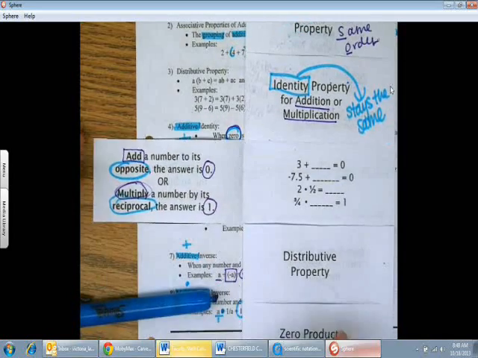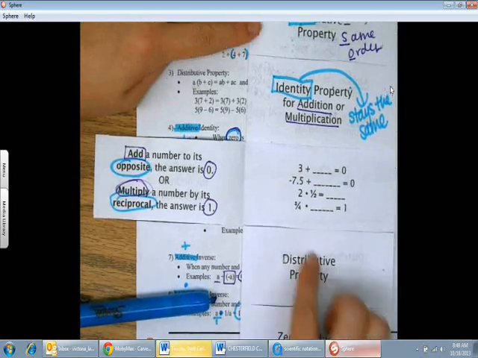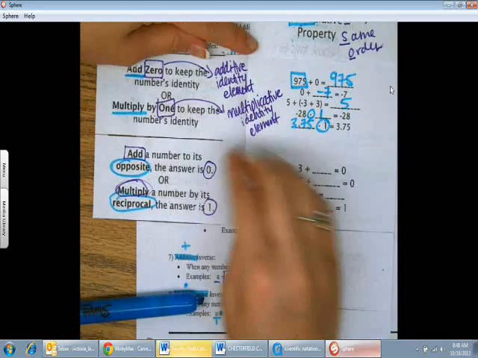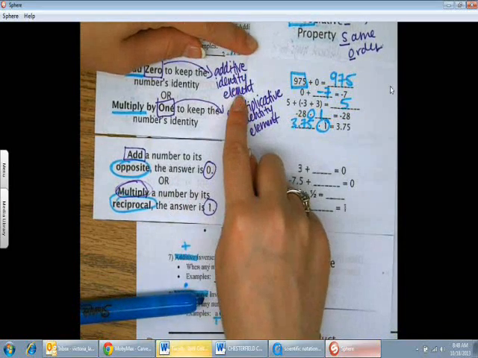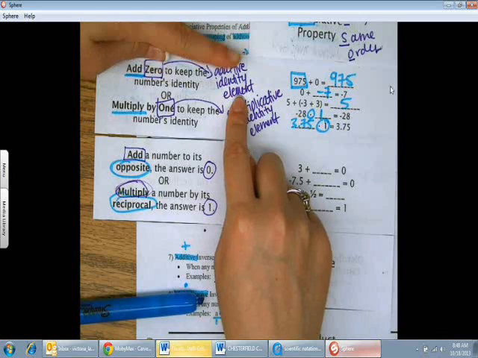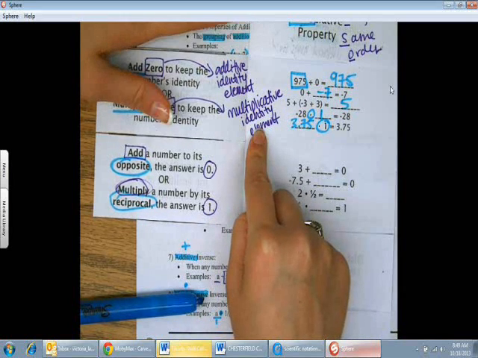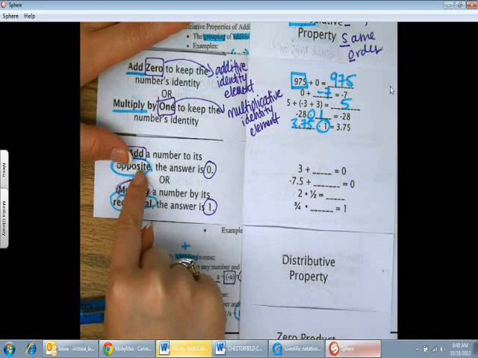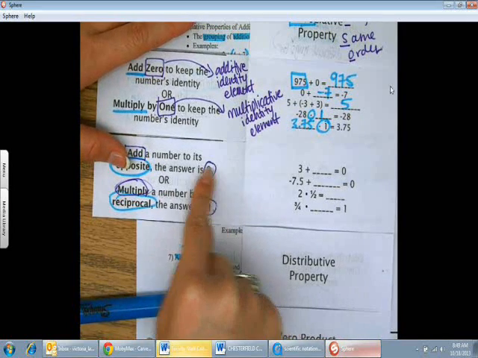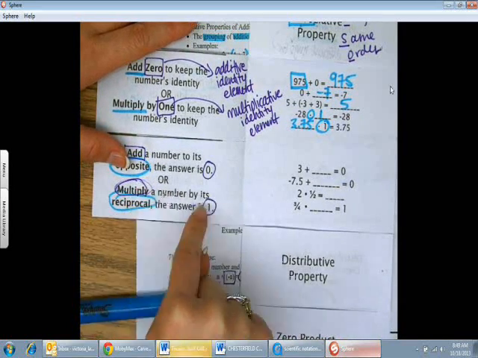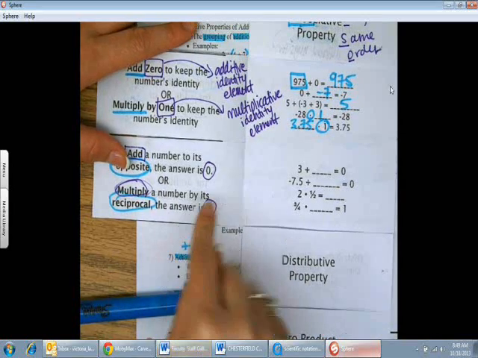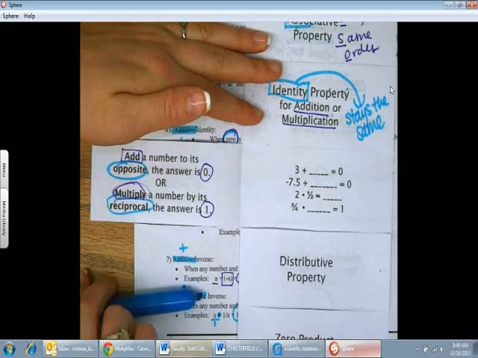And that kind of goes with the identity property we were going over, right? Remember, the additive identity element is 0, and the multiplicative identity element is 1. So it makes sense that when you're doing the additive inverse, if you add the opposite, you'll get 0, and when you multiply by the reciprocal, you'd get 1. Okay? So let's do some examples.